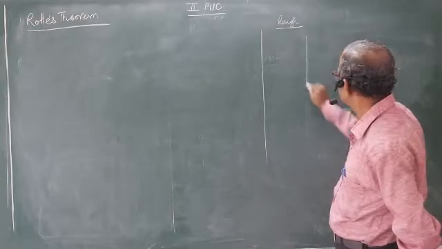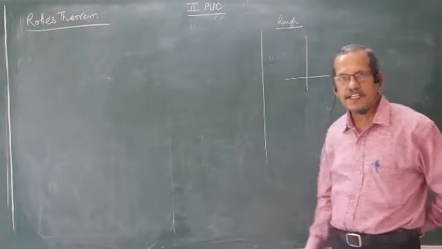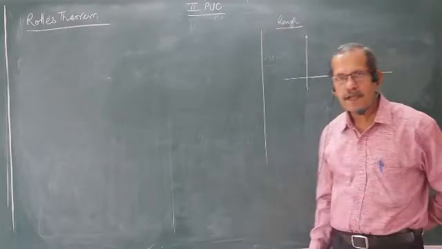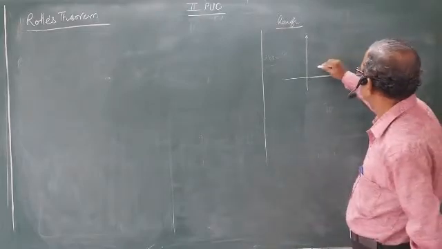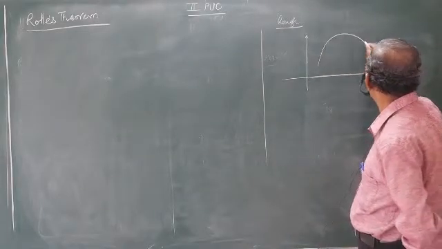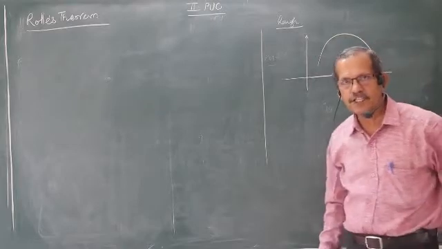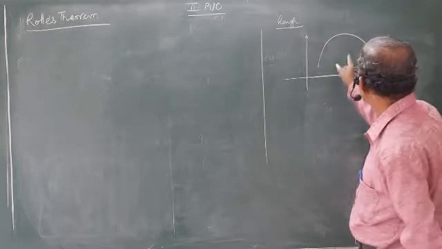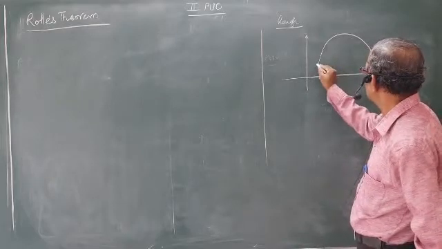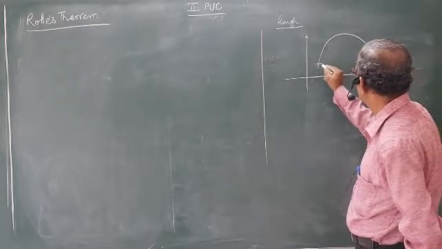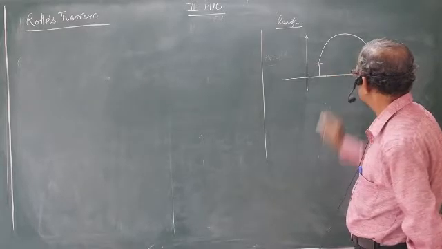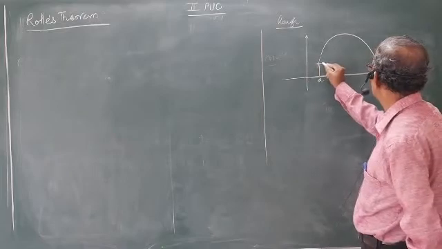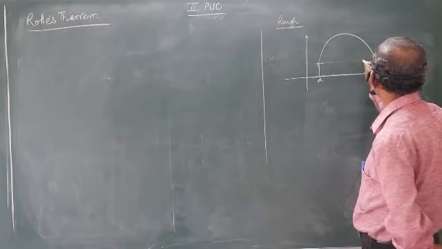Consider a function, just see here. Its graph is like this. Just imagine a function; the graph of the function will be like this. Now you find that at 2 different points, the value of the function is the same, correct, no?